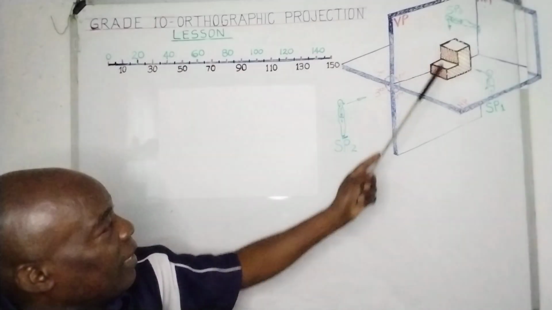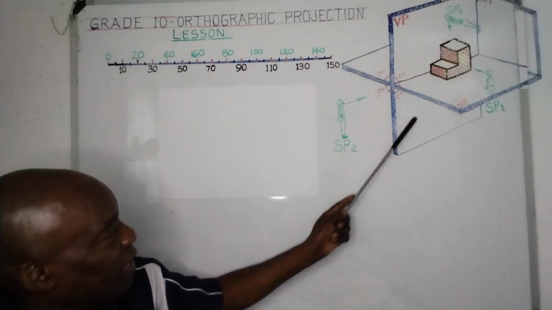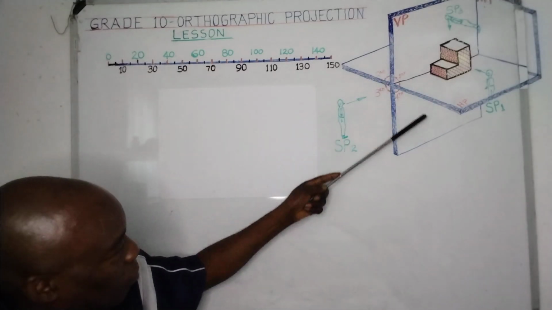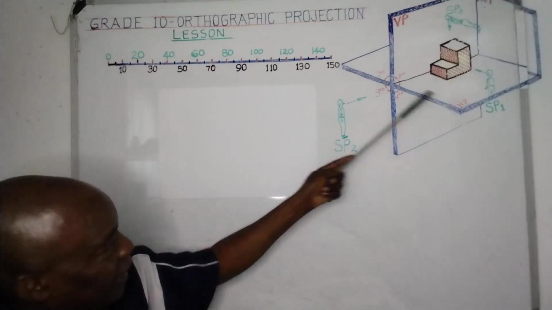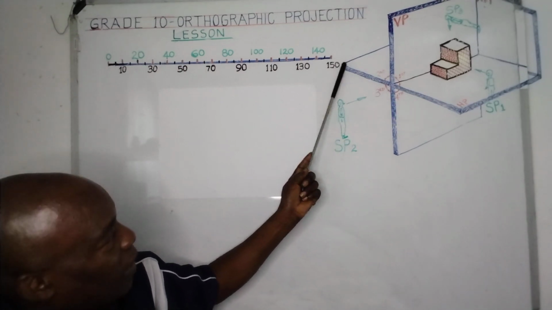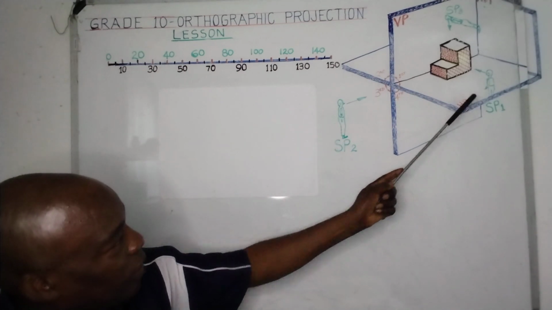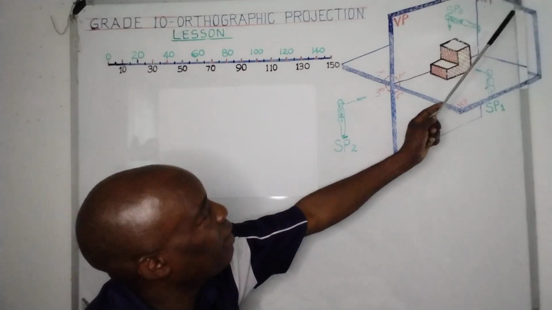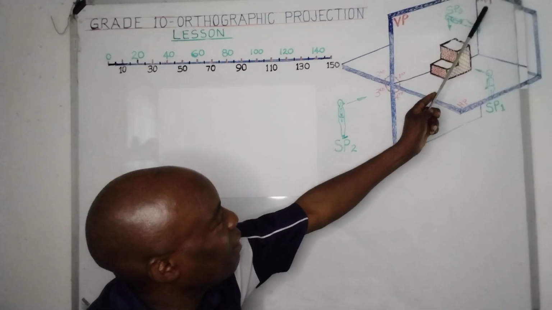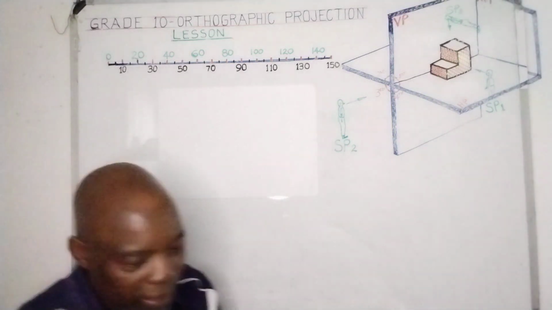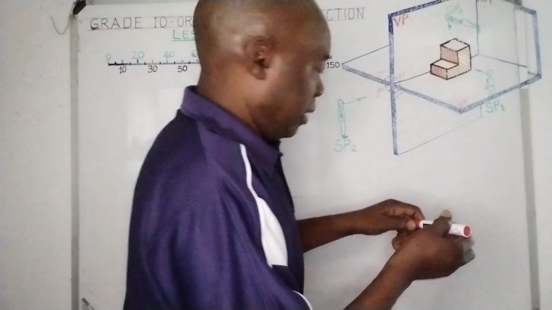So we also have a horizontal plane, which is HP for short. And then on the side, we also have an auxiliary vertical plane. And this is a horizontal plane, HP.